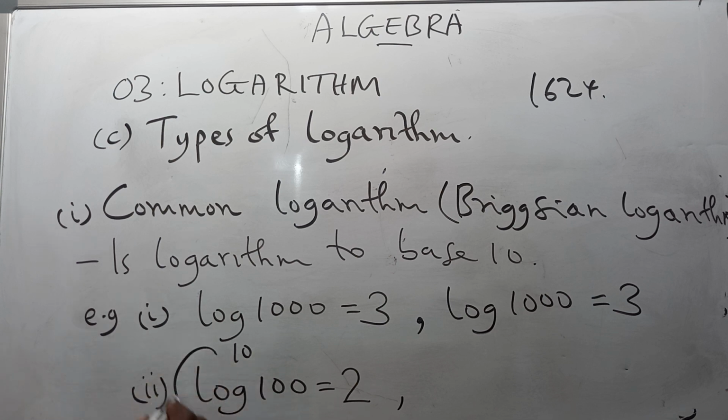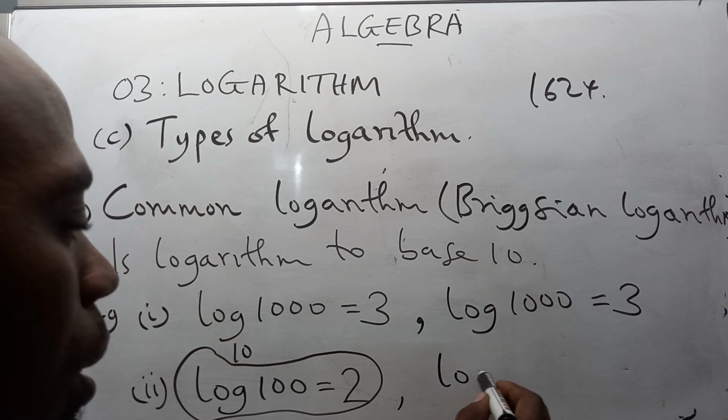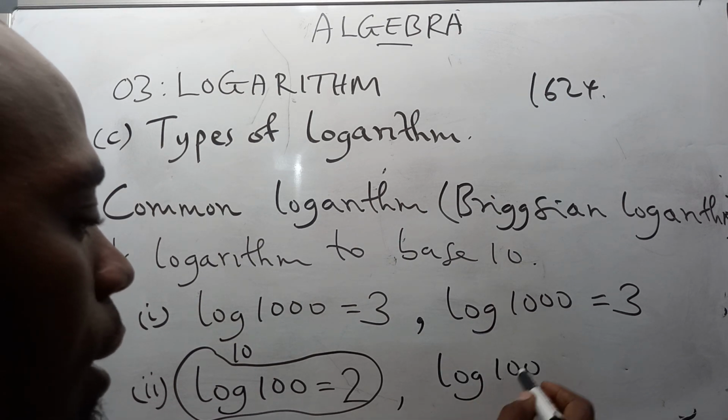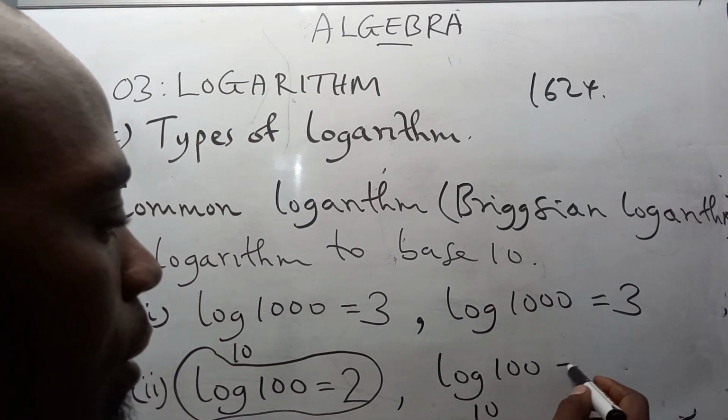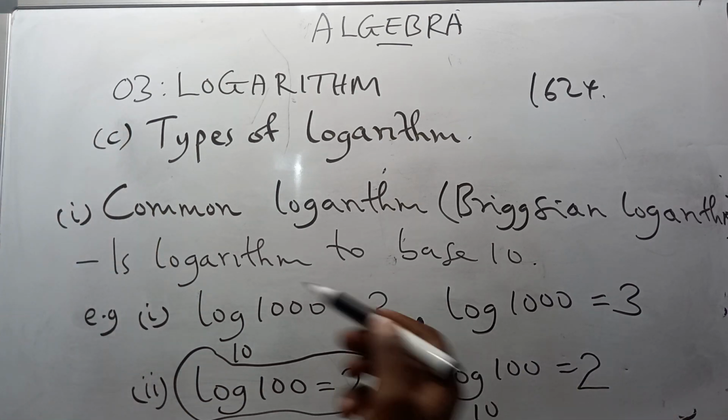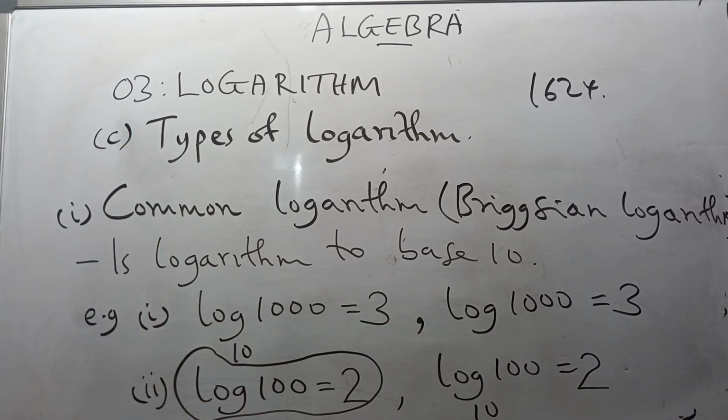This is the same as writing log of 100 to base 10 is equal to 2. This is a special feature for common logarithm. You can write base 10 or you can omit base 10, but anyone who sees log of 100 is equal to 2 knows this is common logarithm.